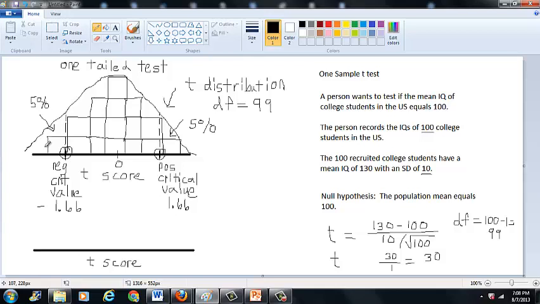What if it's a two-tailed test? You still have your curve of possible samples, above their t-scores. And we would still have this t-distribution curve.